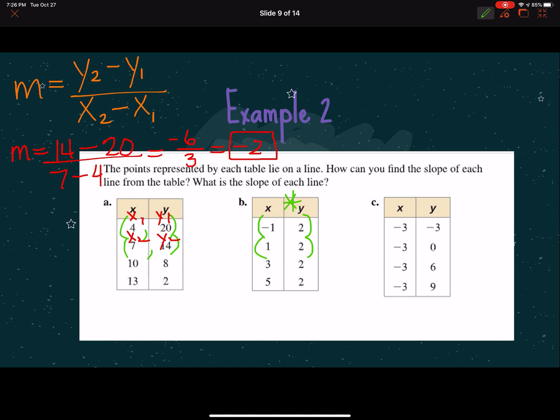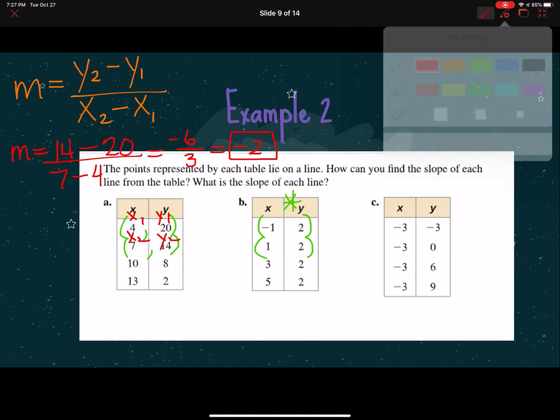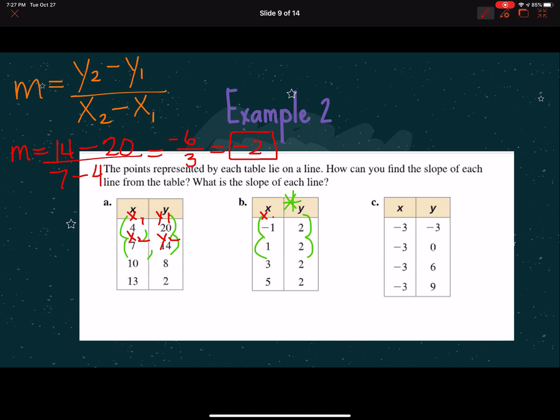If you're not sure what that means, go ahead and use the slope formula and calculate the slope and see what that means, noticing that there's no change in y. So I'm just, again, going to call this set 1. So x1, y1, x2, y2. Now, if you want to write them differently away from the table, that's perfectly fine. Go for it.